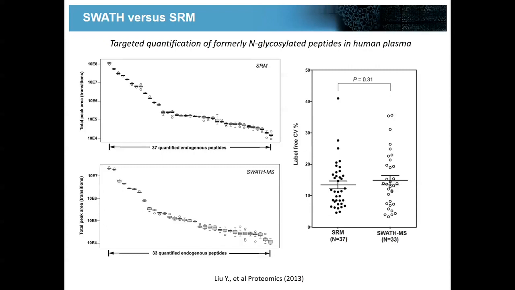So this again reflects the slight gap in sensitivity between SRM and SWATH, but it's qualitatively very, very similar. Also, from a precision perspective, we get a similar level of precision as measured by the CVs of these peptides. This is just to give you an idea and position where this type of data is with respect to other types of data.